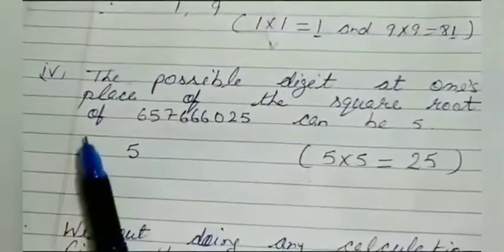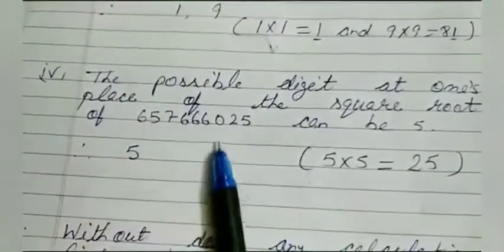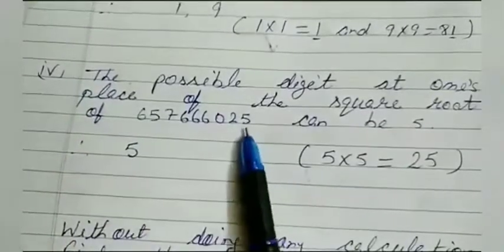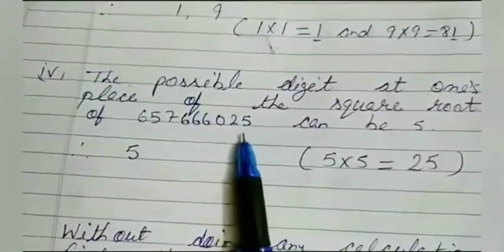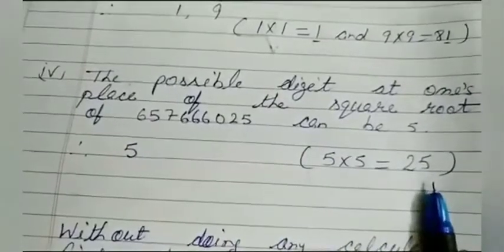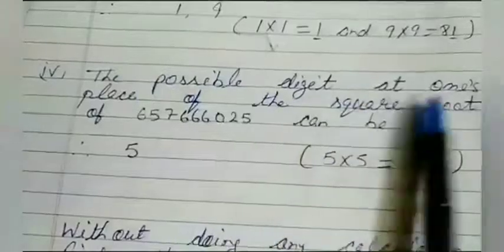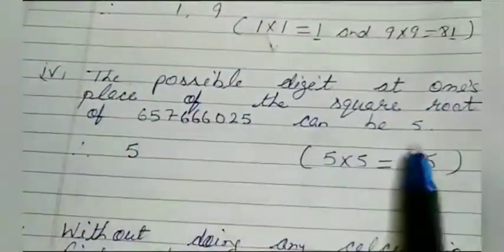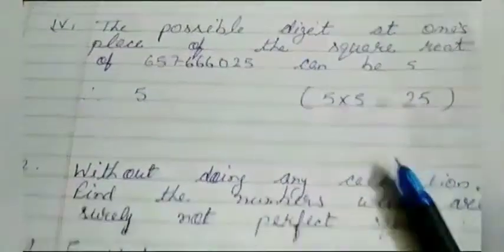Next, fourth part: the unit place digit is 5 and the square of 5 is 25. So we can say the possible digit at ones place of the square root of the given number can be 5.